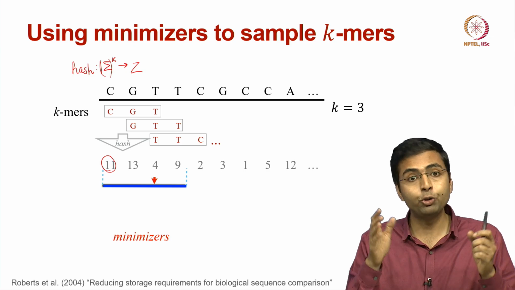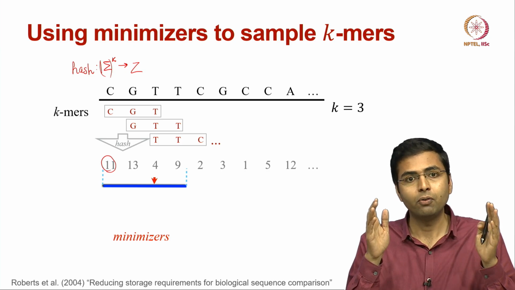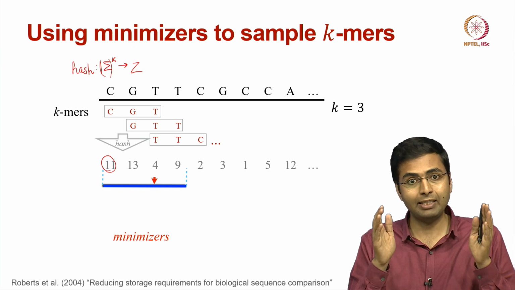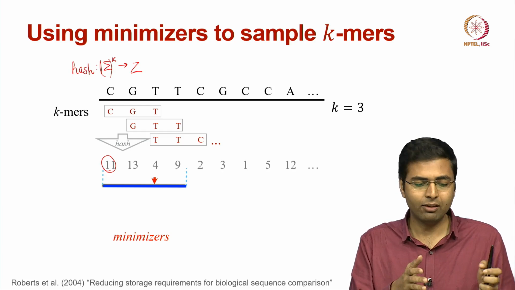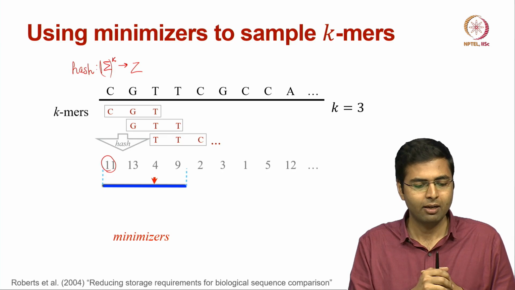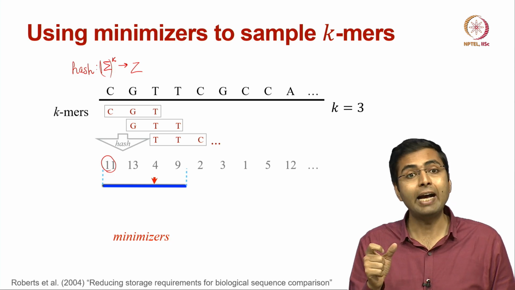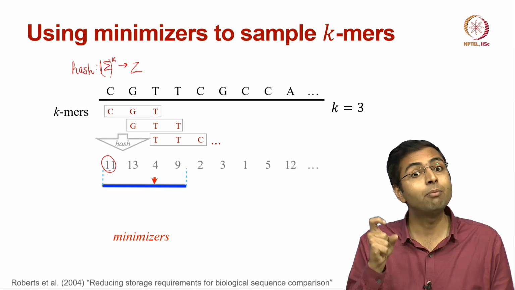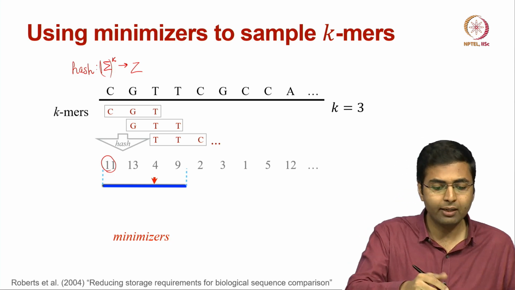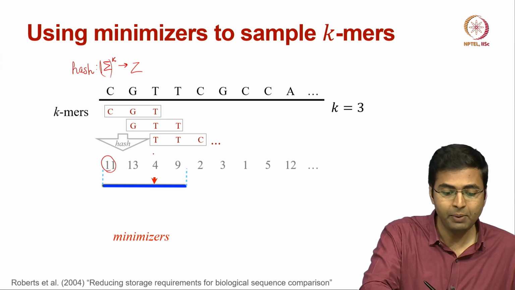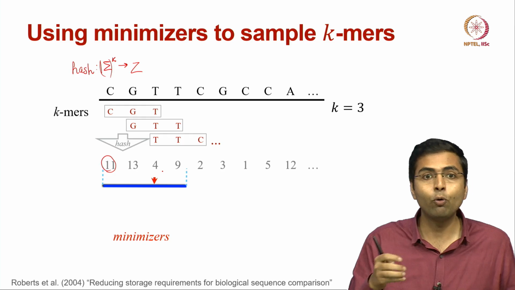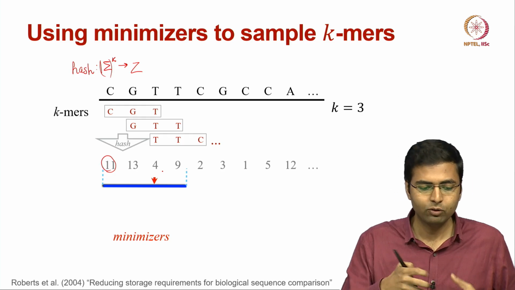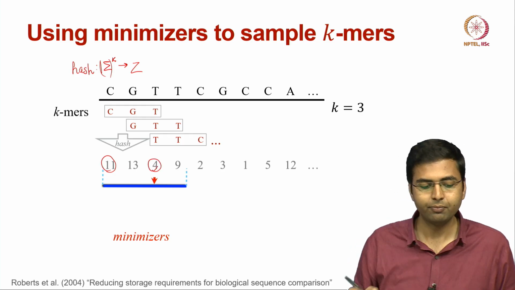We will look at consecutive k-mers in that fixed length window. In this example I am going to look at 4 consecutive k-mers, and I am going to select the k-mer which has the minimum hash value. In this example you can see that 4 is the minimum hash value, so I am going to select 4.